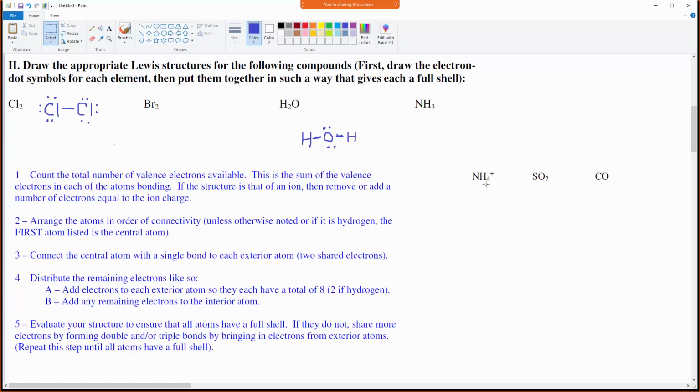Instead, I'm going to take all of those electrons and then I am going to distribute them as I see fit, such that everybody gets a full shell, because that's what they want to be stable. And in the process, you might find that you have more or fewer electrons on an atom than you normally do, but there's no other way to predict it without going through this process.